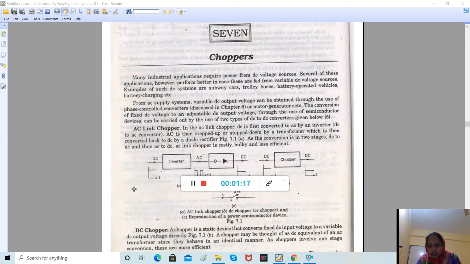Those are DC systems like subway car, trolley buses, battery operated vehicles, battery charging, etc. So these are all the applications where it requires a variable DC source as a supply.